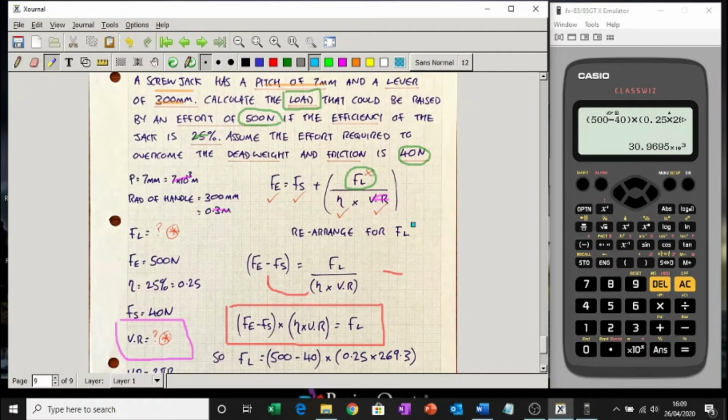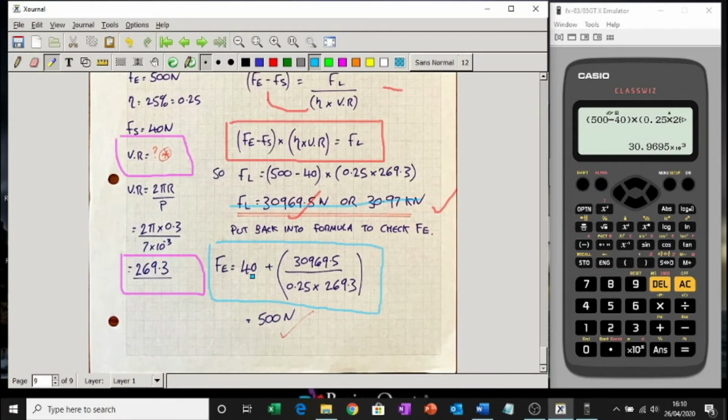So I put all the numbers I've calculated in here. If I put the number I've worked out for FL in there, and the number for VR in there, and the efficiency, which I'm given, and I get a number for Fe, which is 500, I know I'm correct, really.